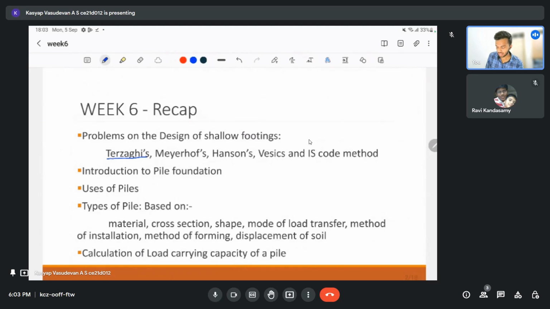We can do it very easily. And we have Meyerhof, Hansen, and Vesic, which are quite similar, and the only differences are while calculating the shape factors, depth factors, and inclination factors. Other than that, we have the IS code method, which is very similar to Meyerhof's method, and again there is a slight difference in the formulas.